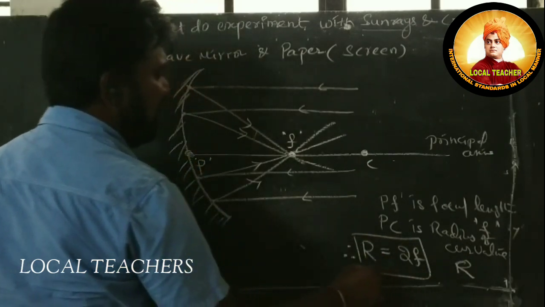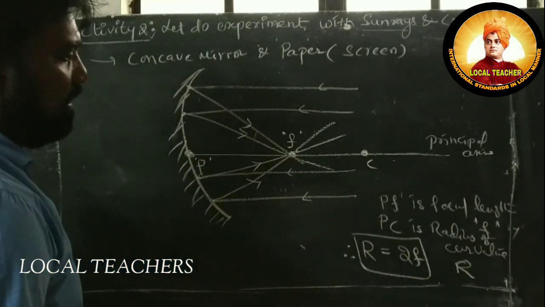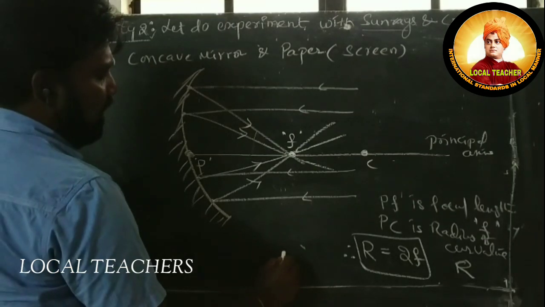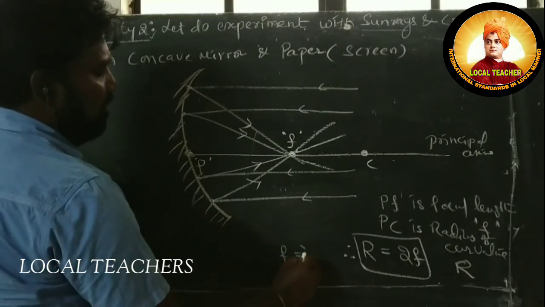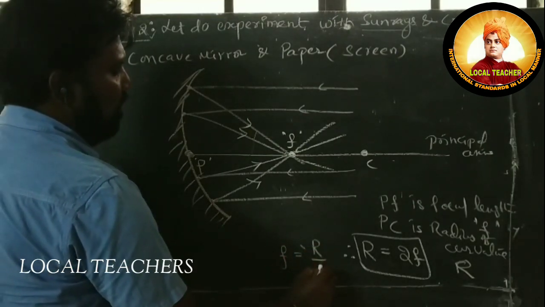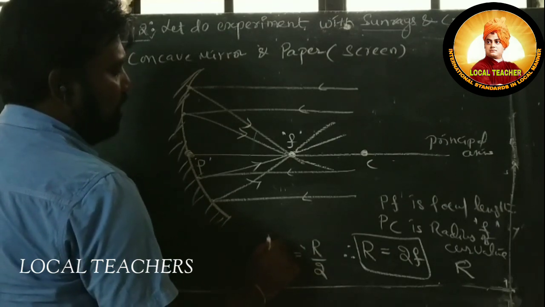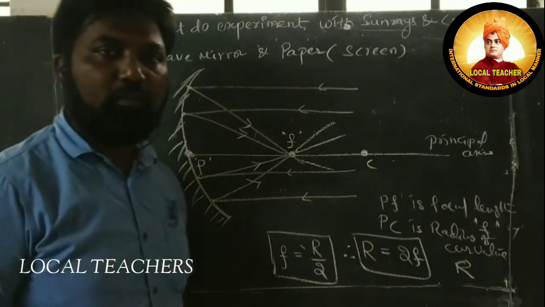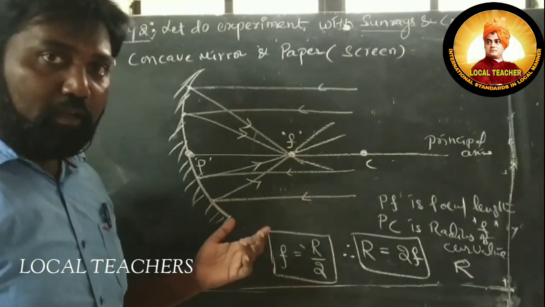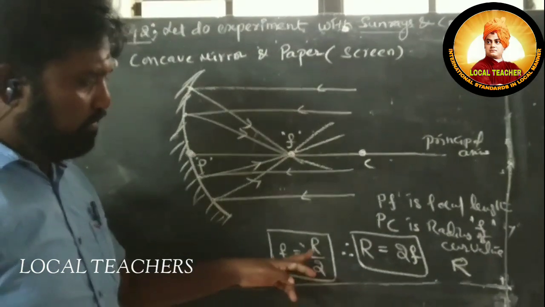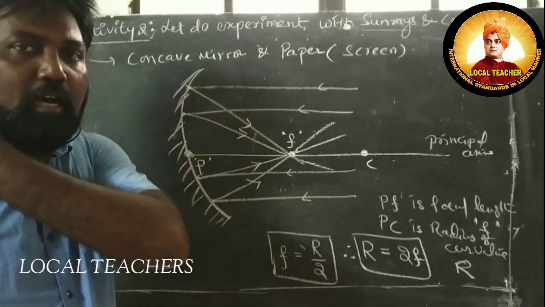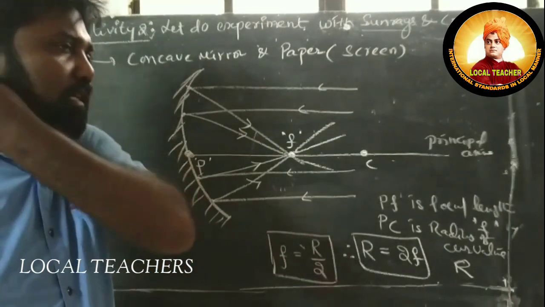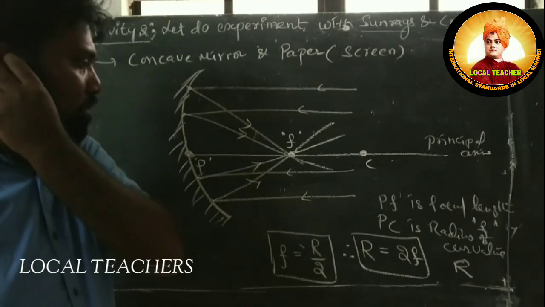So we can write the focal length f equals half of the radius. So what is the focal length? Focal length equals radius by 2, or radius of curvature by 2.